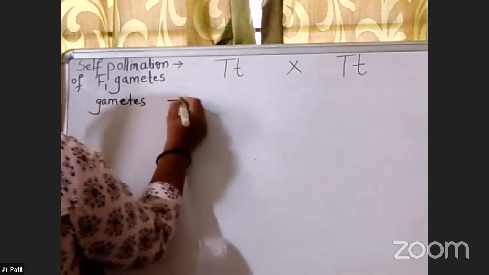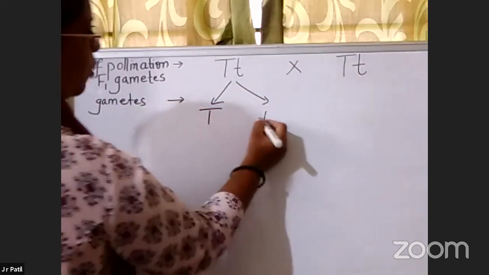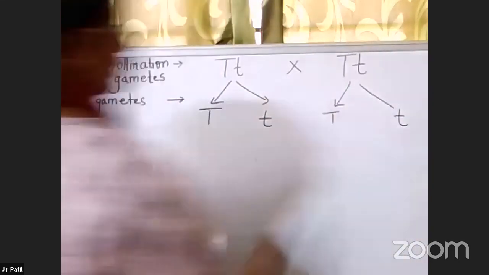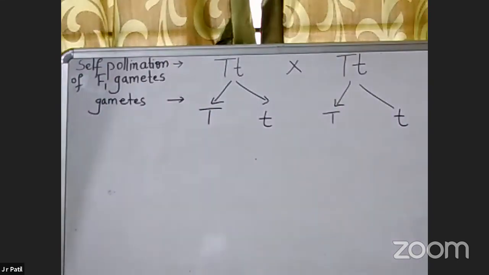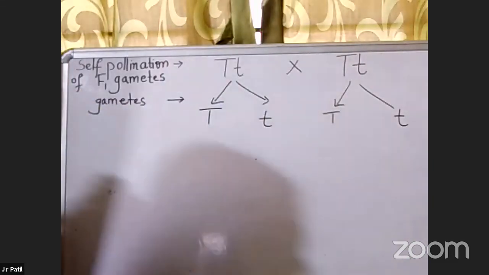The gametes separate: capital T separates from small t. Correct? Now, after they self-pollinate, again plants will be formed.